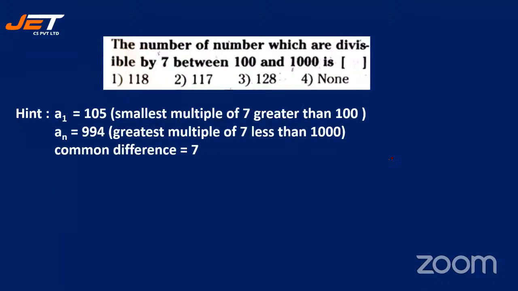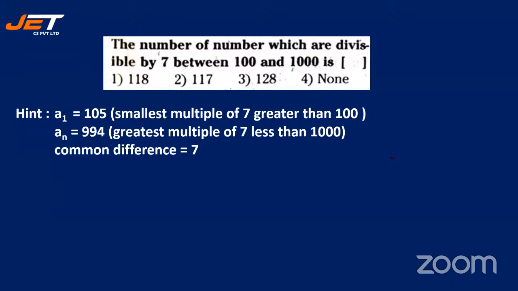All right. See the next question. The number of numbers which are divisible by 7 between 100 and 1000 is dash. All right. So the hint is given here. You can take A1 as 105. Okay, because after 100, 105 is the first number divisible by 7. Isn't it?